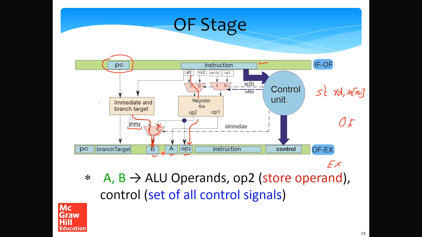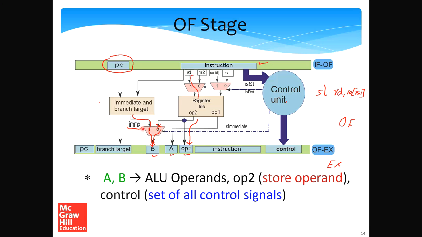Now the question that can arise is, why do we store OP2 and B separately? Well, the answer is that for a store, OP2 will not be chosen by this multiplexer, but we still need the value of OP2. So since we need it, we better store it separately for the store instruction. For others, this problem does not arise. Recall that we made a special exception for a store instruction because we didn't want to add an extra instruction format.